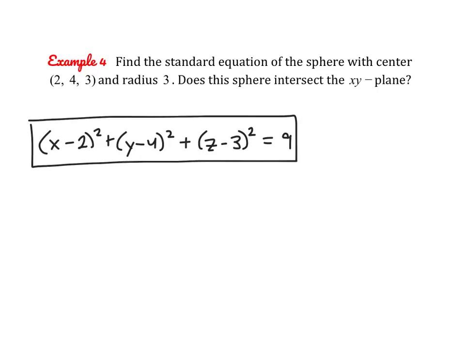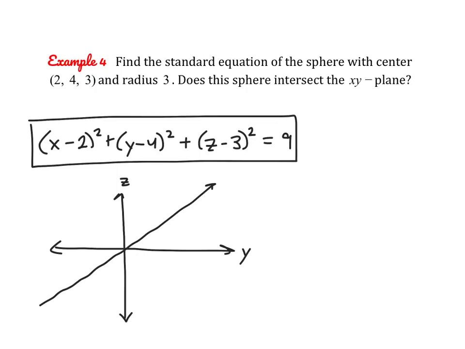Now, if we sketch a really quick picture of this sphere, here's y, here's z, and here's our x-axis. So we know that our center is somewhere here, here, and then up 3.